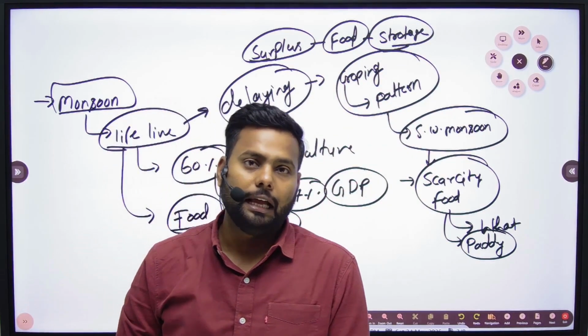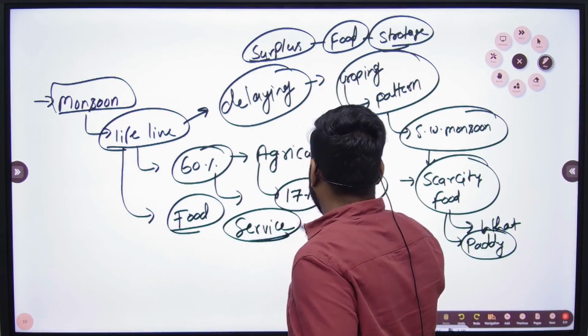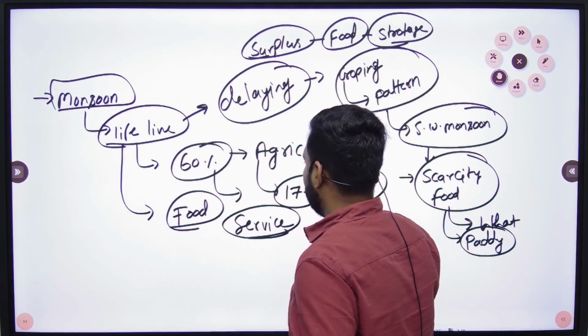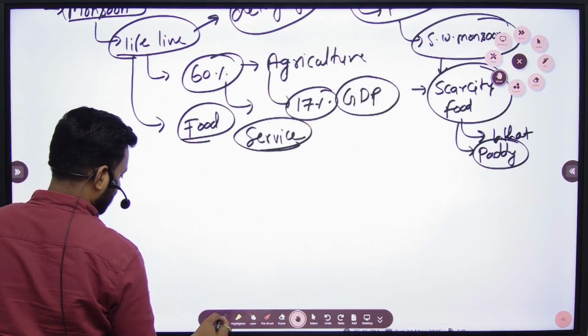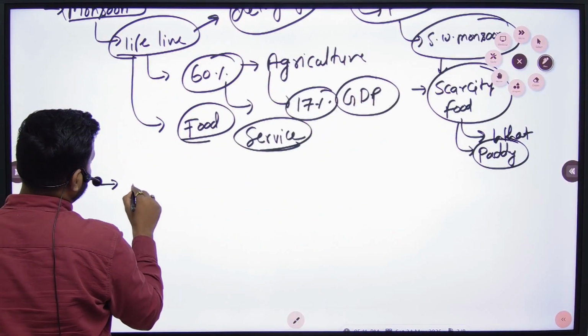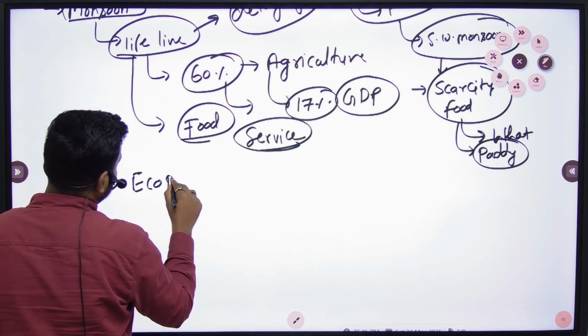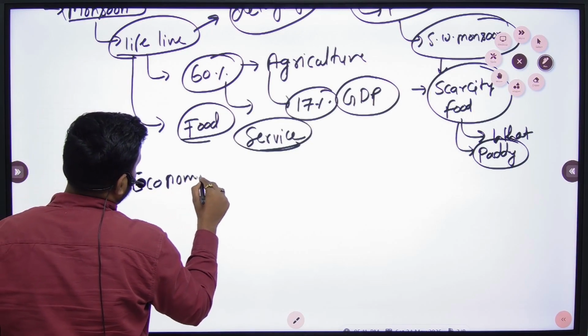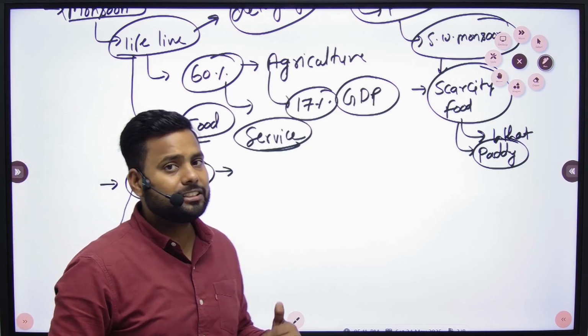If the monsoon is not coming, it will burden India's economy, because in that year the government should increase the subsidy.